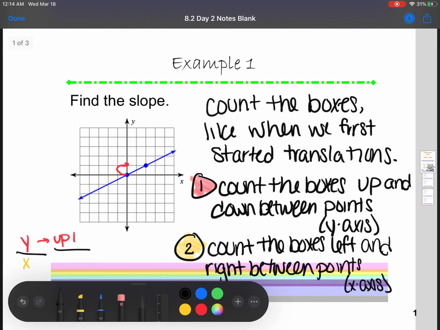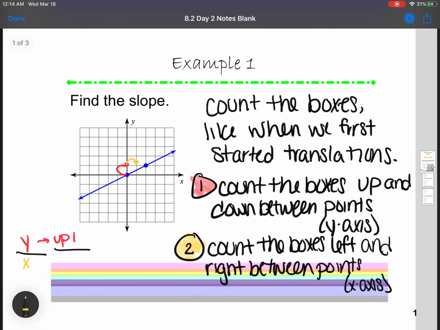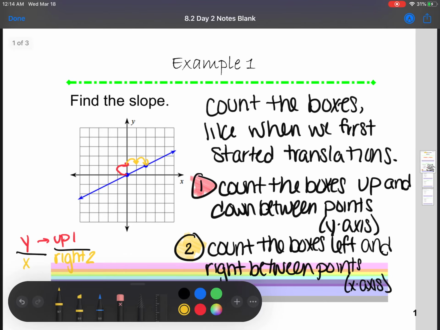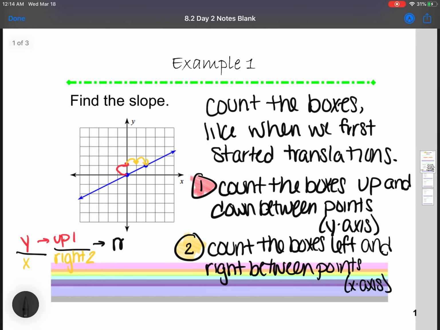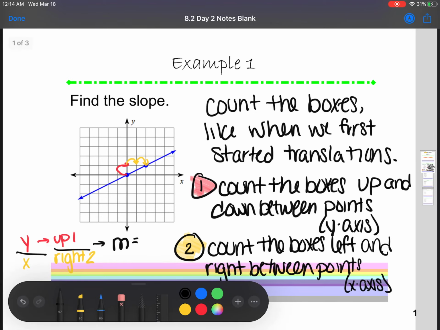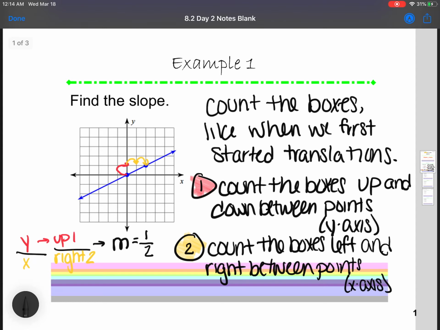And to change our x's, we're going right 1, 2. So my slope, m, equals positive 1 over positive 2.